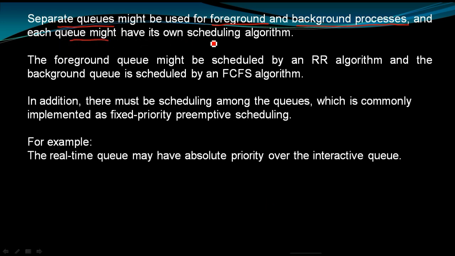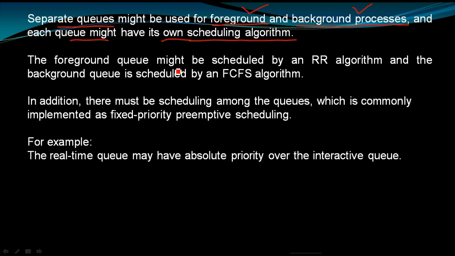Each queue might have its own scheduling algorithm, so foreground and background processes have different scheduling algorithms.